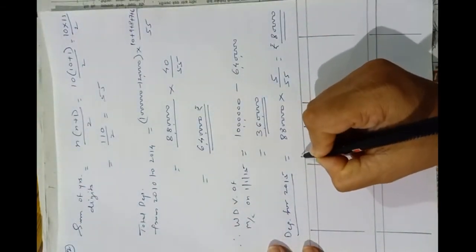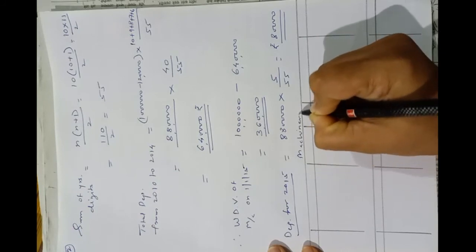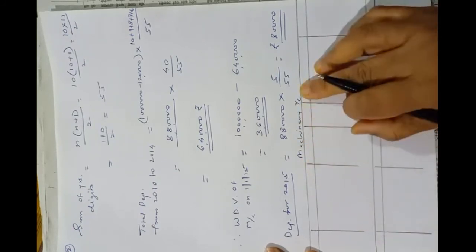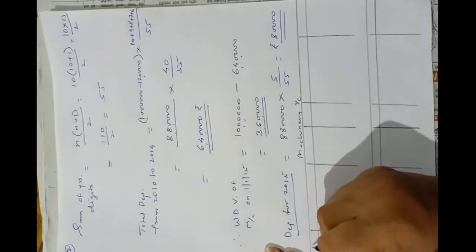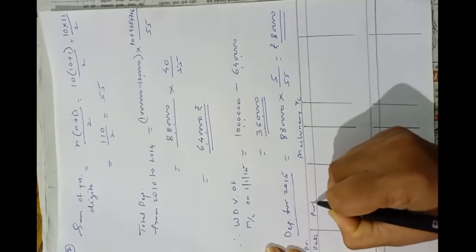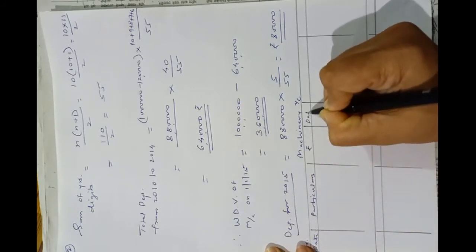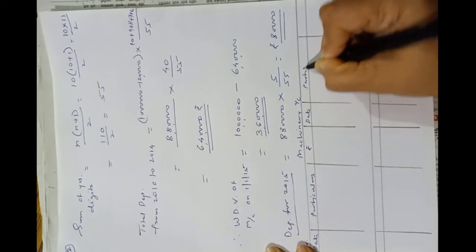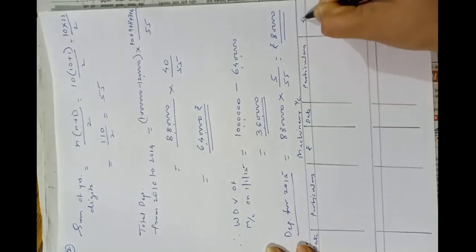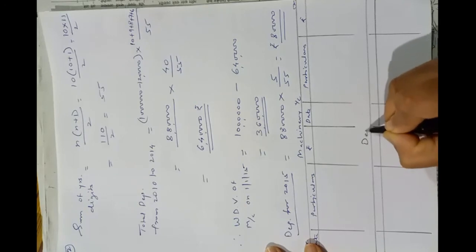Okay, this is machinery account. You have to write in the books of Messrs. Akash here, debit. This is depreciation account as usual.